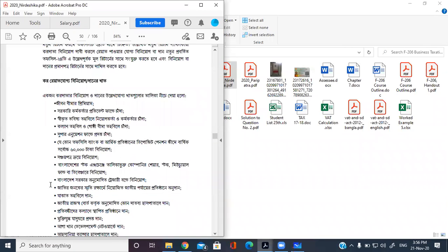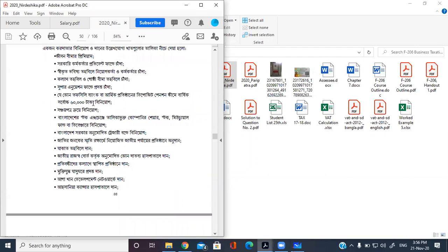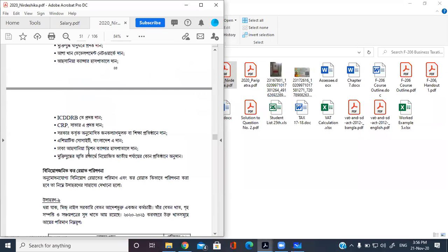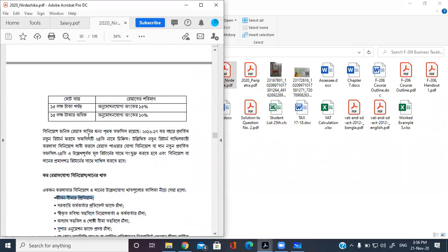You see some items here for getting investment tax rebate. For example, we have found this, and we have found another one. You see, it is not the complete list. There are more than 1,000 items. It is just selected items.